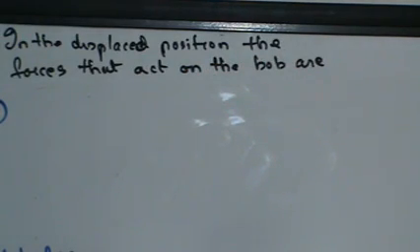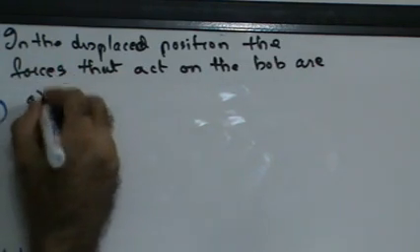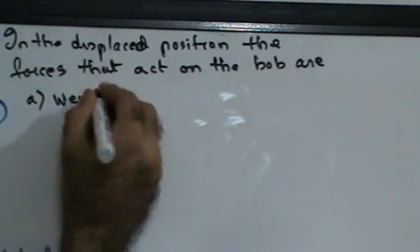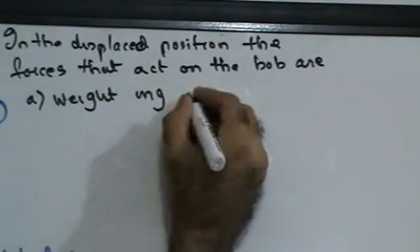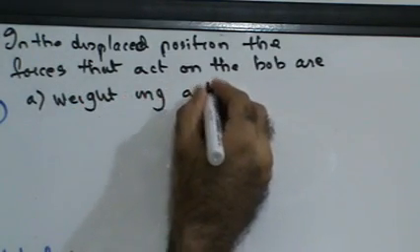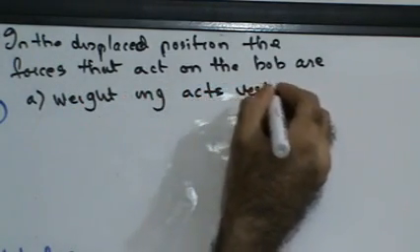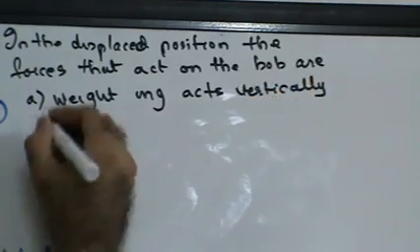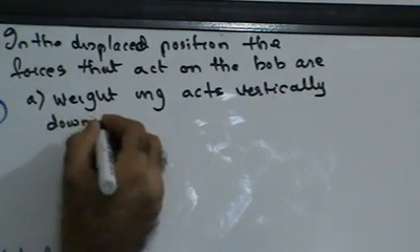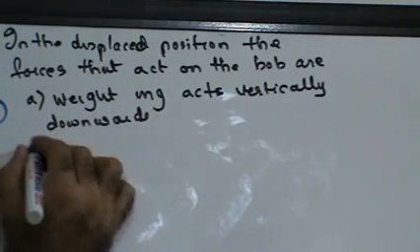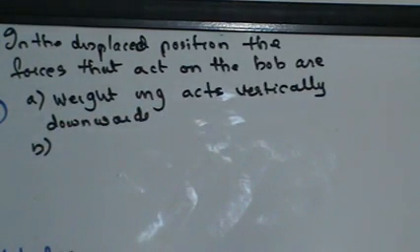The weight mg of the bob that acts vertically downward. That is the weight of the bob. Next, tension T in the string.